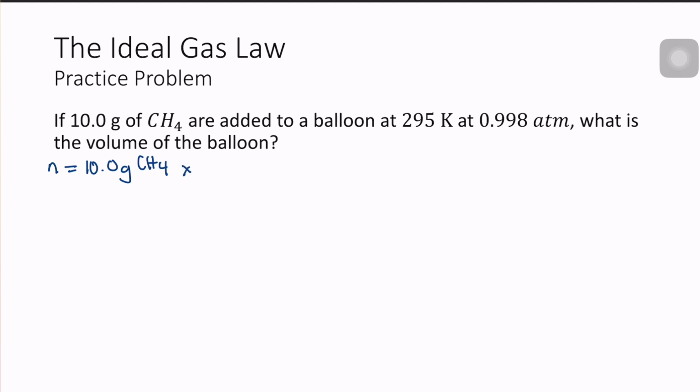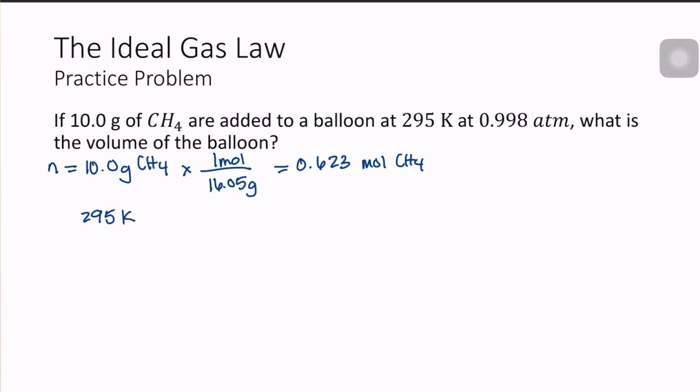Yes, I get 16.05 as well. So I have to have grams on the bottom, and we can have mole on the top. So we can calculate how many moles we have, and I get 0.623 moles of methane.